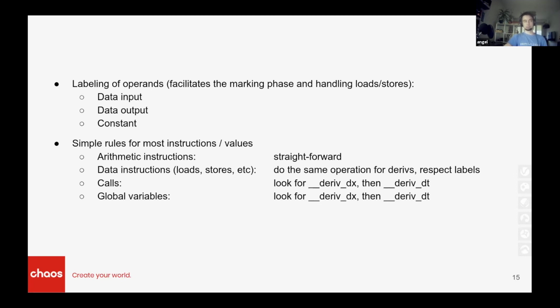And for calls and global variables, we look if there's already a defined derivative in the environment, and if not, then we generate it. And for global variables, there is nothing to generate, so the generated derivative is simply assumed to be 0.